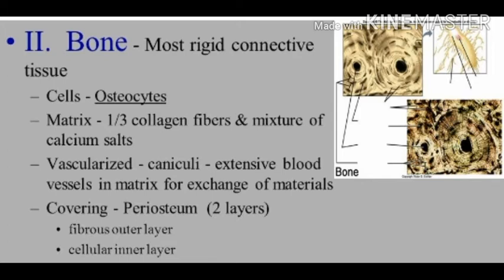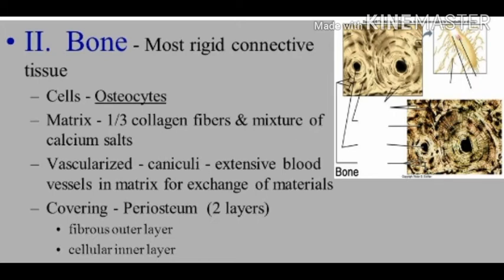The cells that form the bone are called osteoblasts and osteocytes. Unlike the cartilage, bone contains calcium salts and also phosphorus, due to which it is very rigid and very strong. Bone provides strength to the body.